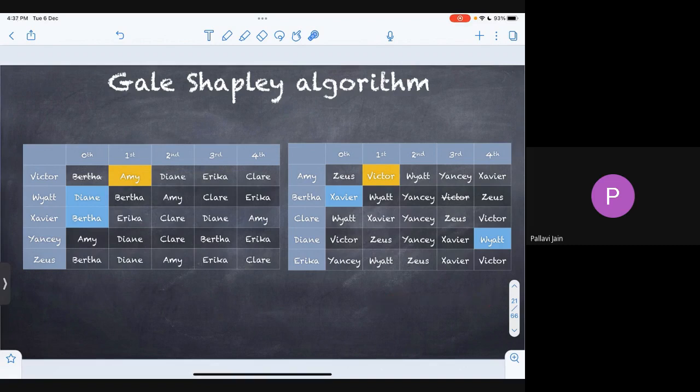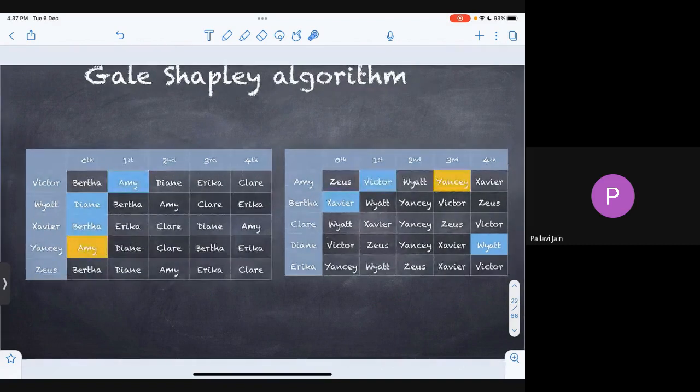So nobody ever goes back and forth. It's always a linear move, top to bottom for the men, bottom to top for the women. This continues until all the men have proposed and been accepted by somebody, and nobody has been rejected.